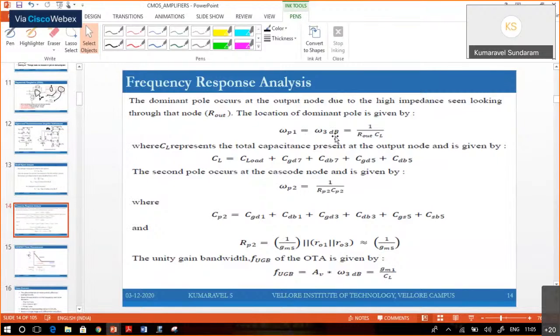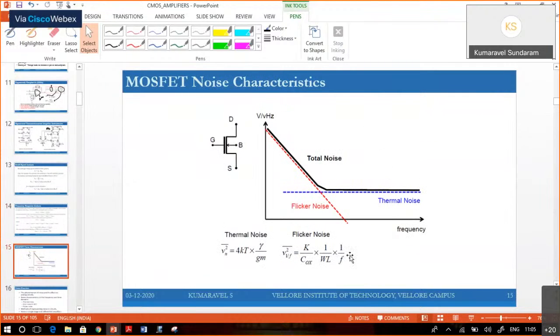At the same time, the bandwidth also should be less than 10 kilohertz. So the analysis is over. Now for noise. Noise is very, very important. I heard from the professor that noise characteristics were handled in the previous session, but to have a quick recap, our MOSFET has thermal noise and flicker noise.